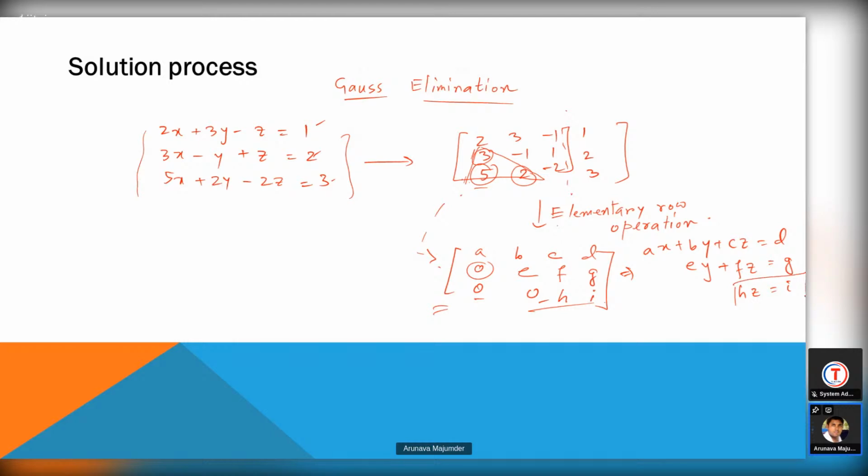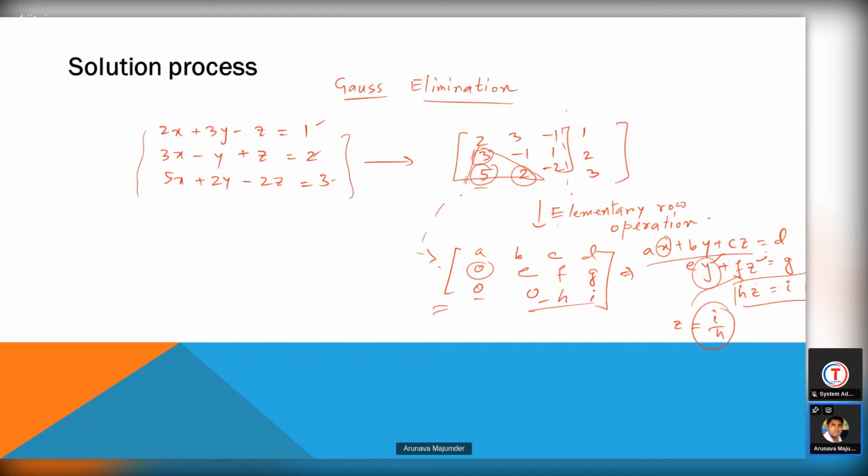From equation number 3 you can easily find the value of z, z equal to i by h. If I put this value of z in equation 2, we get the value of y, and after putting the values of y and z in equation number 1, we get the value of x. So this is the process.